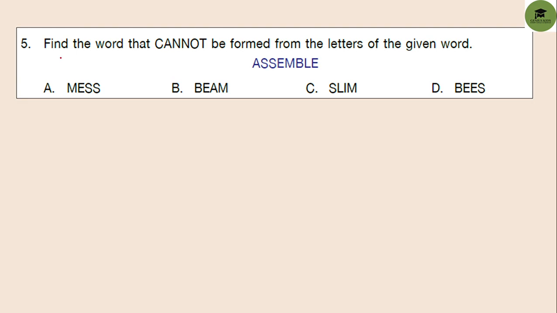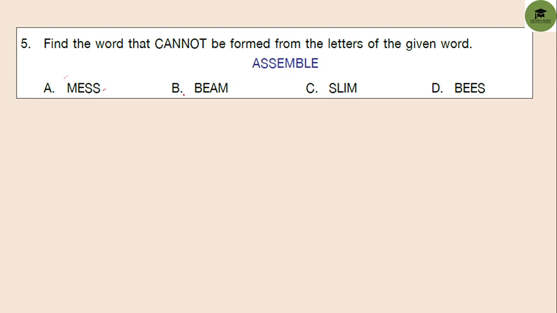Next question: find the word that cannot be formed from the letters of the given word. Here it is written as ASSEMBLE. Now in this type of question, what do you do? This is the trick for this type of question: first you check the options and see whether the letters are present in the given word or not.